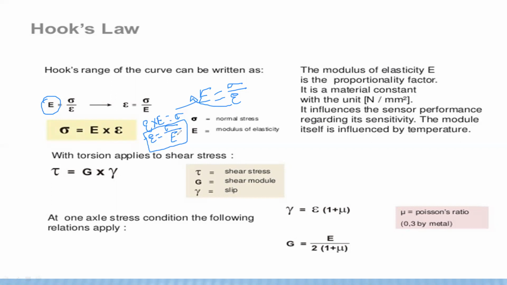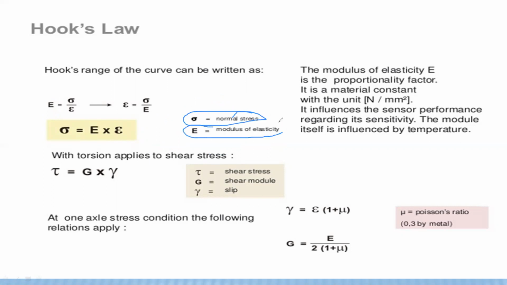To calculate stress, stress sigma is equal to epsilon into modulus of elasticity E. So the final formula is stress sigma is equal to E into epsilon, where sigma is the normal stress and capital E is the modulus of elasticity.